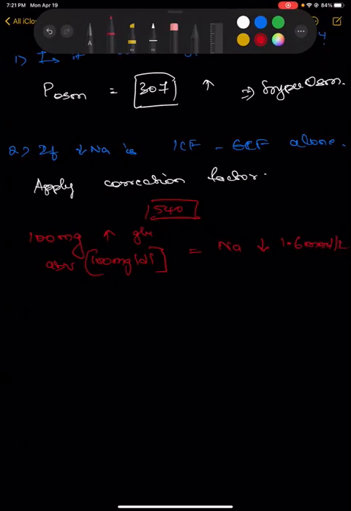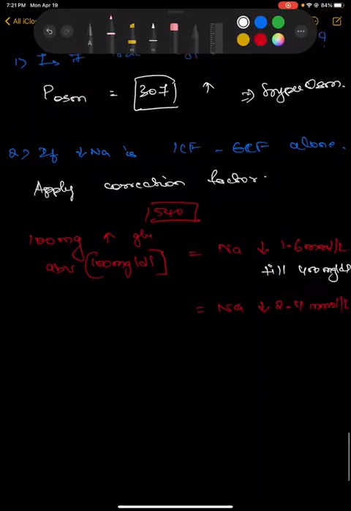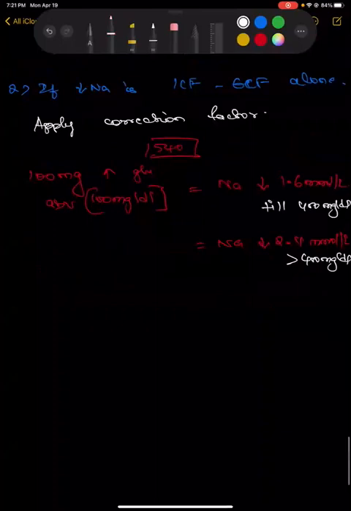But this holds good only till 400 mg per dl. Beyond 400 mg, the sodium drops by 2.4 millimoles per liter. So in this case scenario, ours was 450 mg per dl, right?